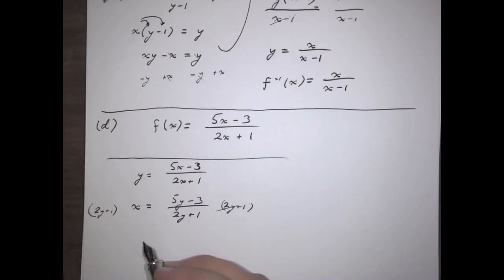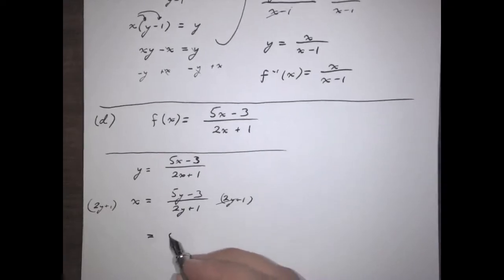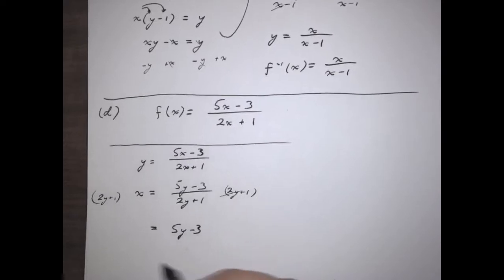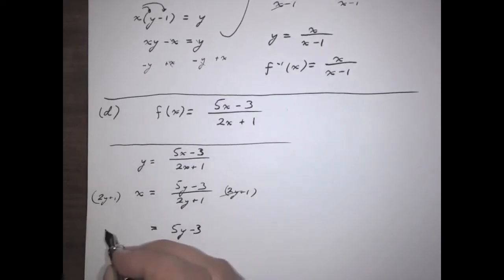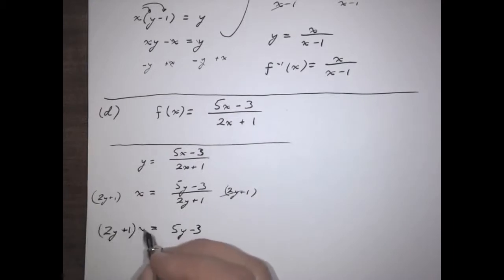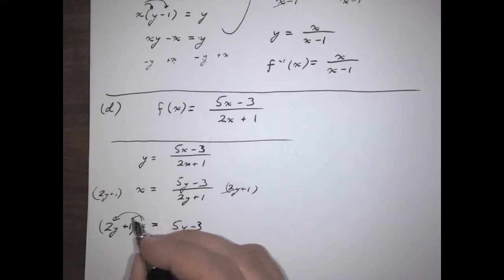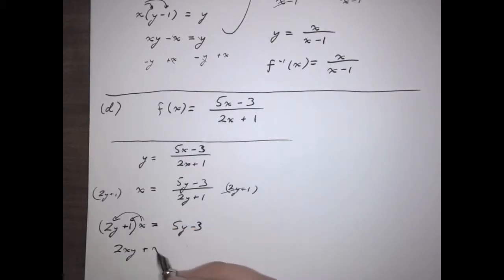What that's going to give us is, on the right, no more denominator, just a 5y minus 3. And on the left, we're going to have 2y plus 1 times x, which means then the x is going to distribute, and we're going to have 2xy plus x is equal to 5y minus 3.